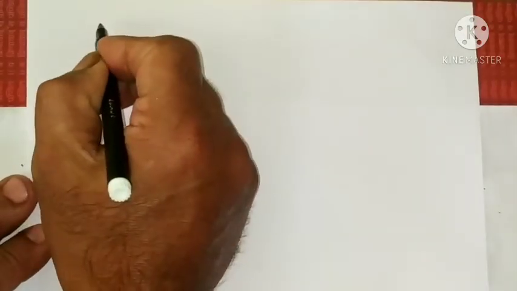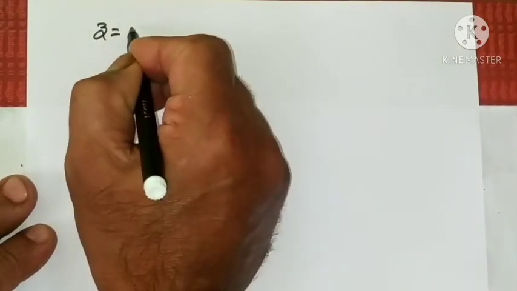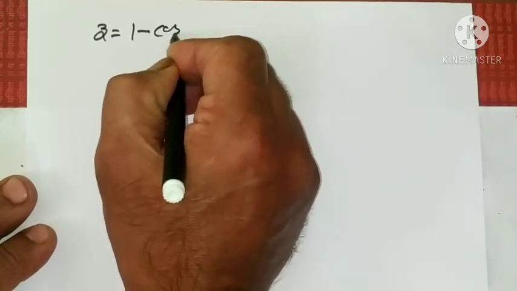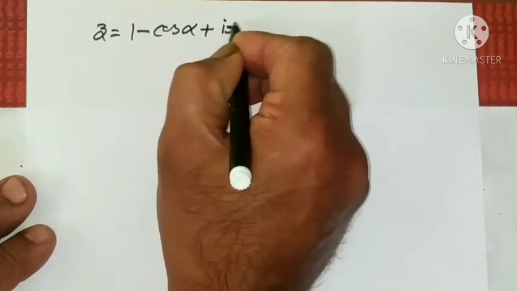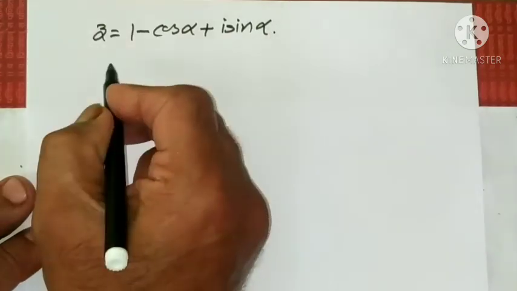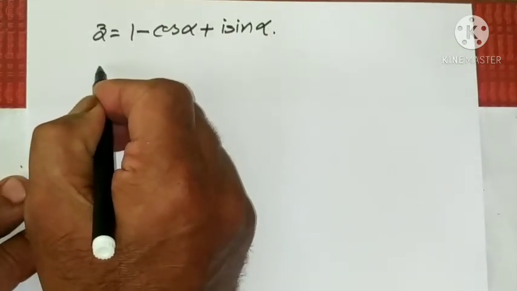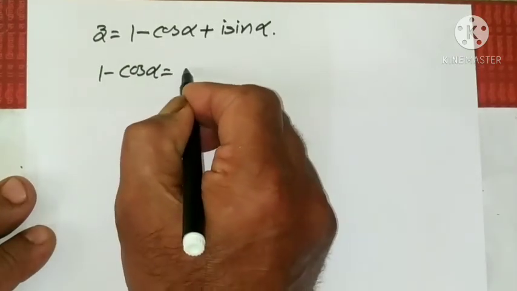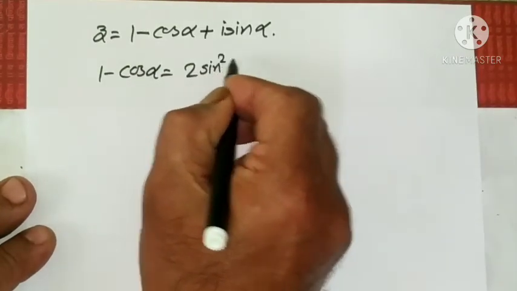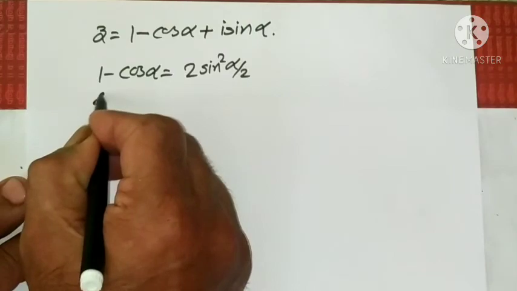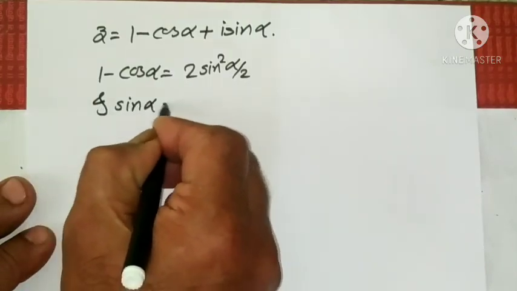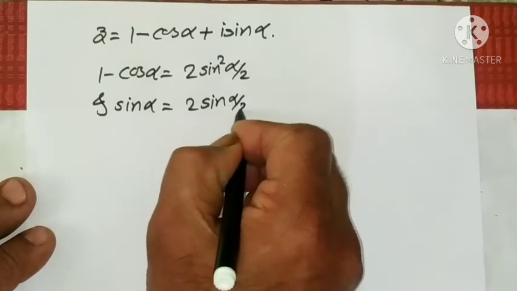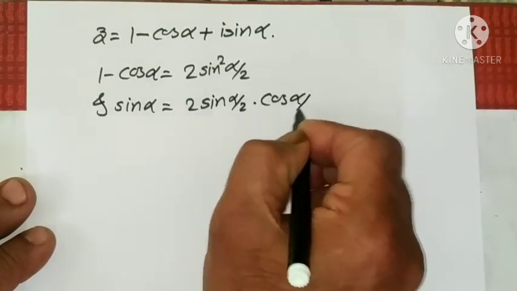Second example, z is equal to 1 minus cos alpha plus i sin alpha. According to trigonometry, 1 minus cos alpha is equal to 2 sin square alpha upon 2, and sin alpha is equal to 2 sin alpha upon 2 into cos alpha upon 2.